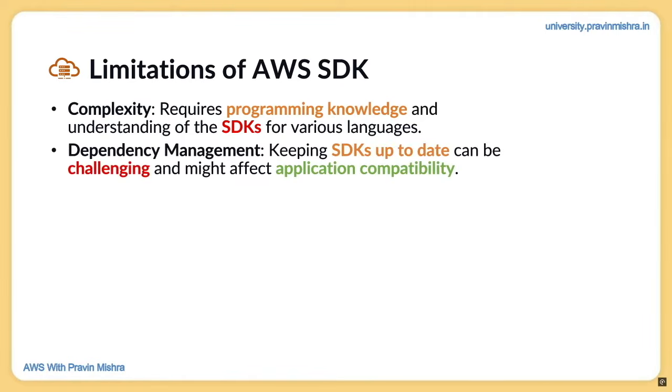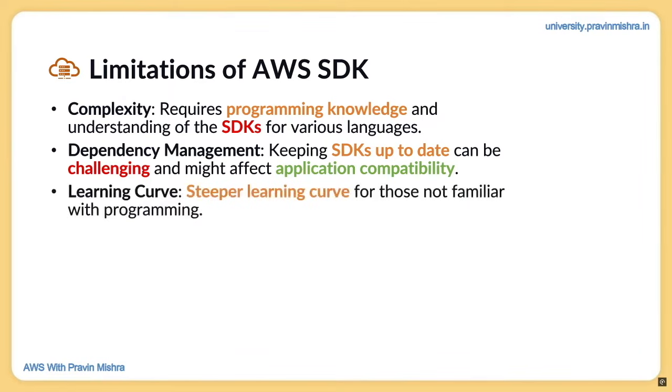Second, dependency management. These SDKs keep updating over time with new software patches, so if you are using these SDKs with your application, it is your responsibility to ensure you are updating them over time. Third, learning curve. There is a steeper learning curve for those who are not familiar with the programming language. And here it depends on what you want to do with the AWS Cloud. If you are not a developer, then you do not really need to worry about the SDK.